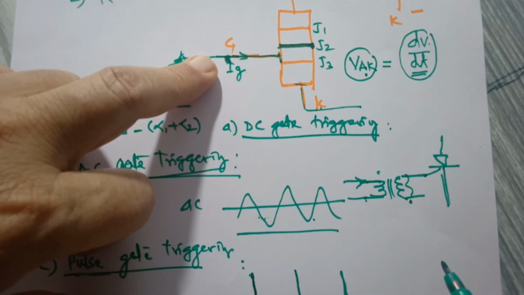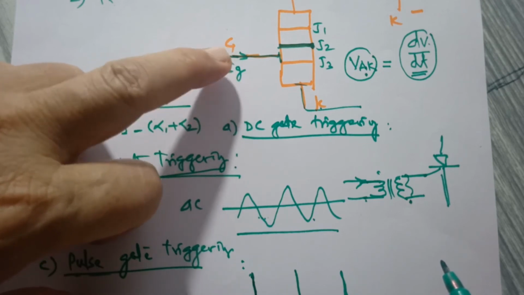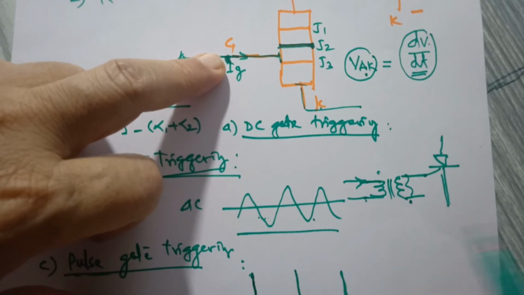The gate loses its control. The gate has control on the SCR only when it is off, and after firing the gate loses its control.